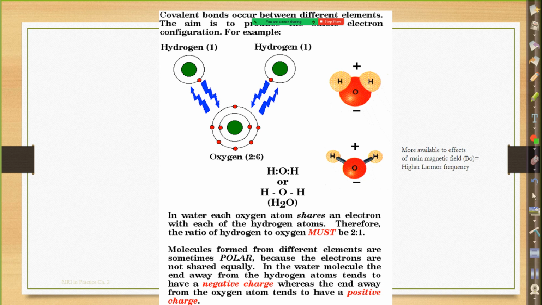Because this RF pulse that we're applying, that we described in terms of resonance, where it has to match, is going to be a range of frequencies. It's not going to be exactly 42.57 on the dot. It's going to be a range, 42.13 all the way up to 42.97. So we get all those tissues which have slightly different precessional frequencies.